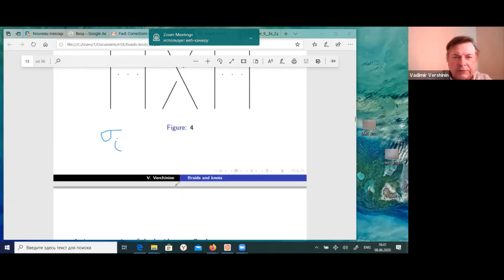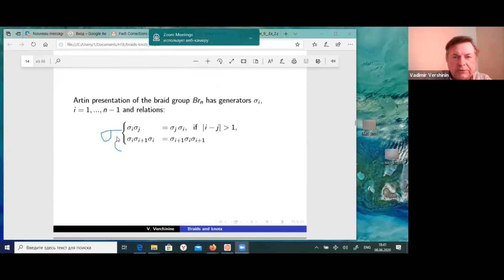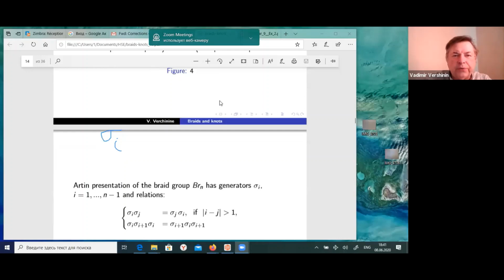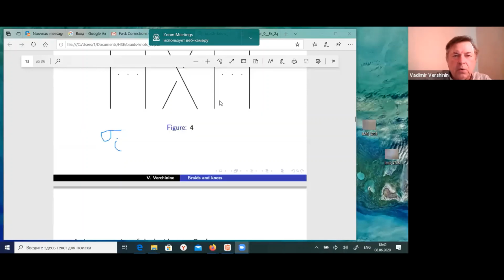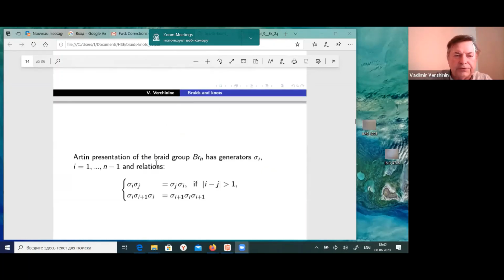So actually the history of the braids starts with the following work of Artin, who gave a presentation for braid groups. This is the following presentation.